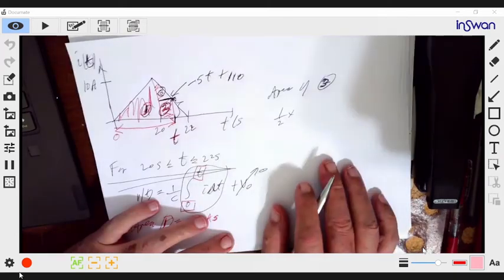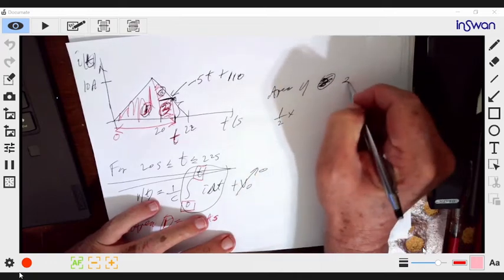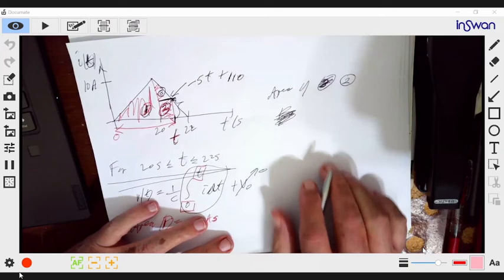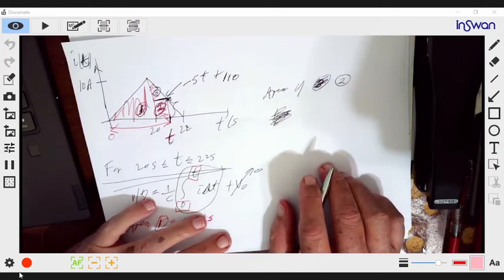Okay, let's do area 2 first then. Let's see if that helps any. What's area 2? That's length times width. Which is what?